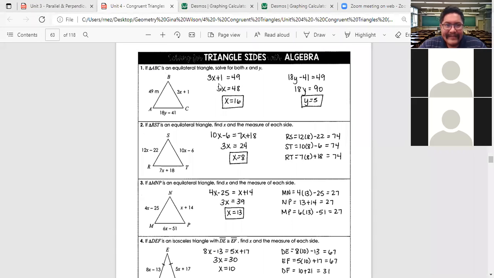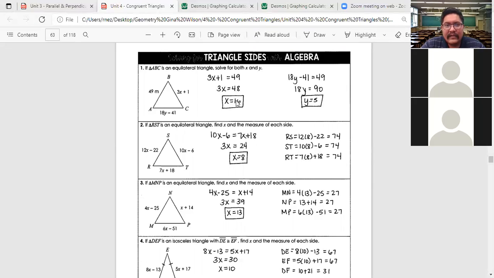Okay, let's see, 3x plus 1. Now they pick this side and the side that has the 49 on it because it's really easy to set them equal to each other, since it's an equilateral triangle, which means all three sides would be the same length. So 3x plus 1 would also be the same as 49. We're going to subtract 1 from both sides. 49 minus 1 is 48.